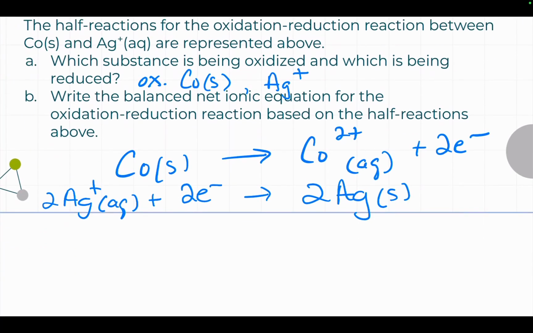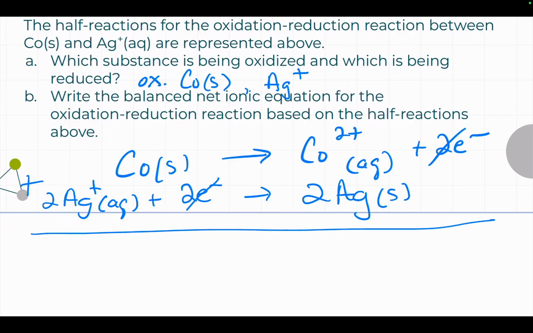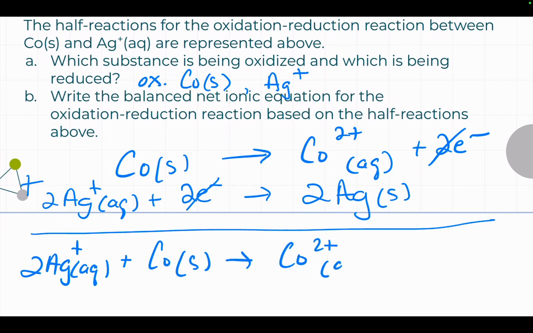Now when I sum these to write the net, I'm going to this time just cancel those electrons right away. So I would have 2 silver +1 ions plus cobalt makes cobalt ions plus 2 silver metal atoms.